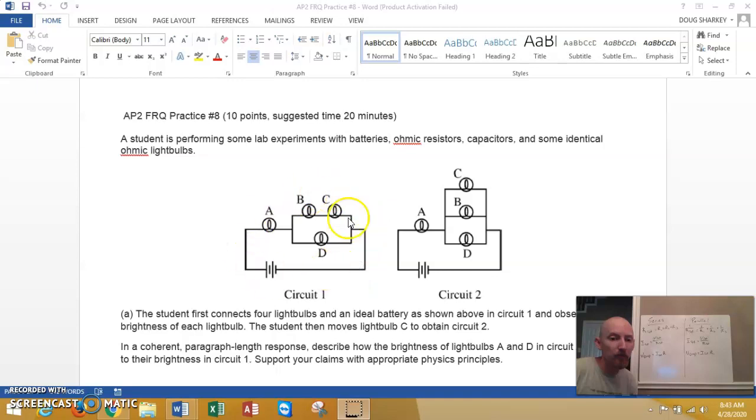And if you have higher resistance, you have lower current. Whereas over here, you have these three that are in parallel, so that means you have lower resistance. You have higher overall current. So if this A versus that A, this A is going to be brighter versus this one because you have lower resistance here.